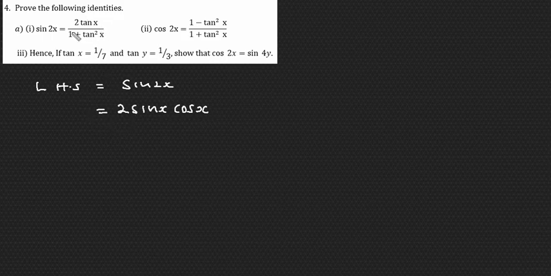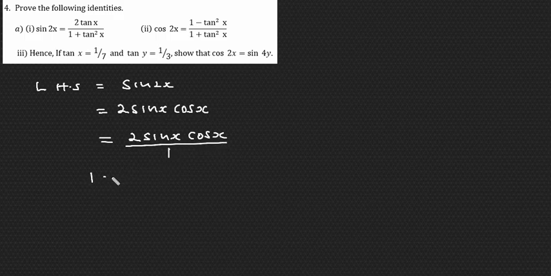Now how can I create a denominator? Because what you are seeing here, we have 2 tan x over 1 plus tan squared x. We can create a denominator by dividing with the 1. So this is 2 sin x cos x divided by 1.